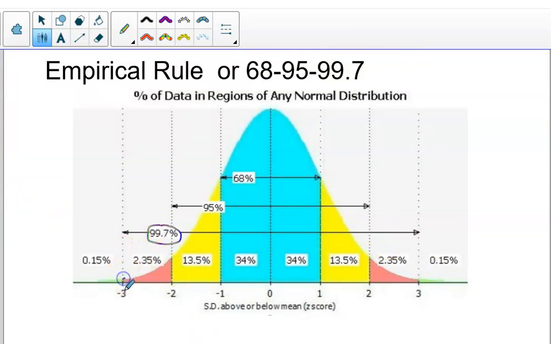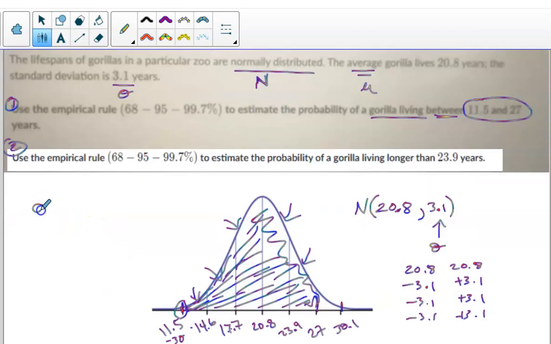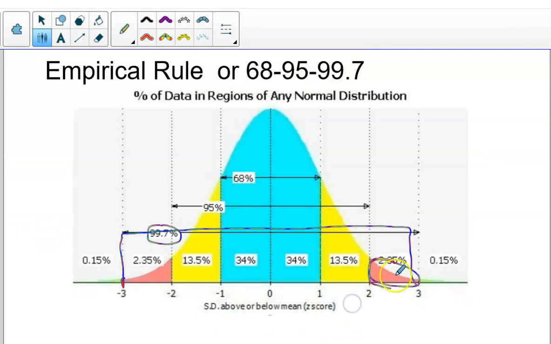So that means from here all the way to here is 99.7. But really, I don't need this part. So I could subtract it. So I could take 99.7 minus this little section that I don't need, which is 2.35, right?